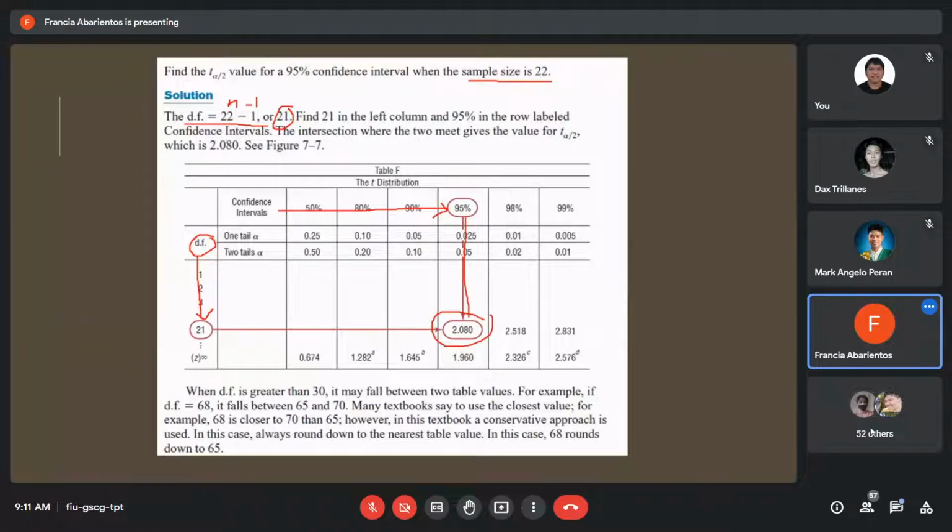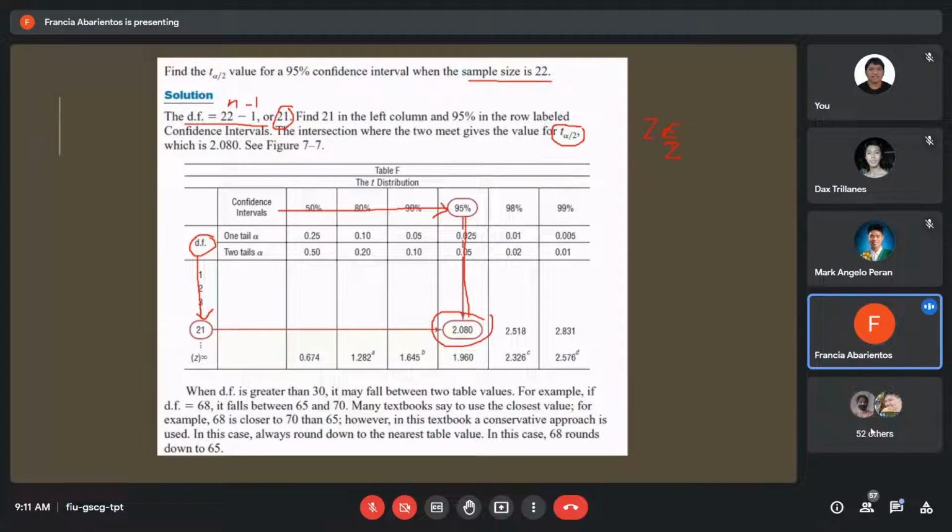The intersection where the two meet gives the value of t alpha divided by 2. Earlier, the z alpha divided by 2 we needed to compute manually too.